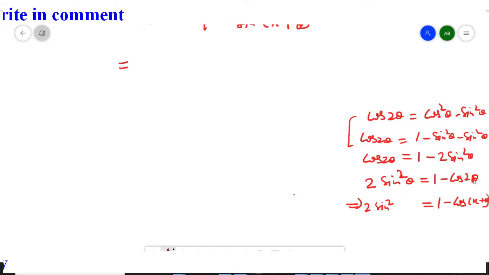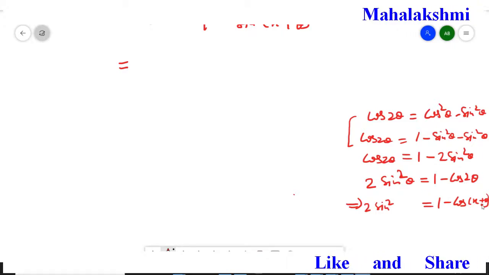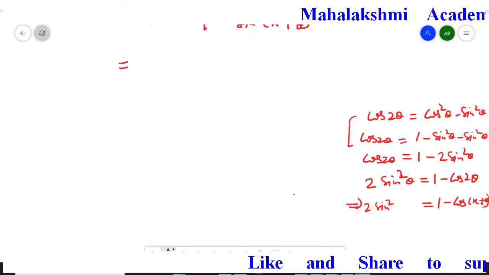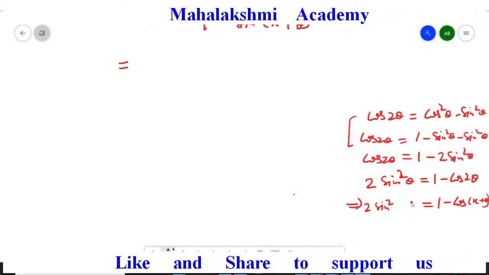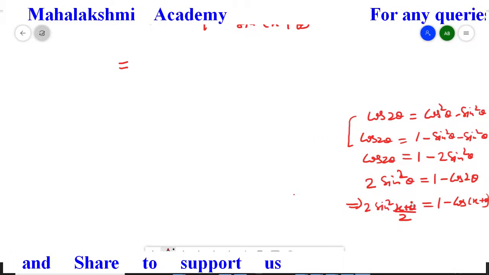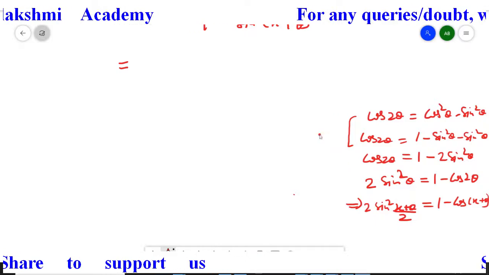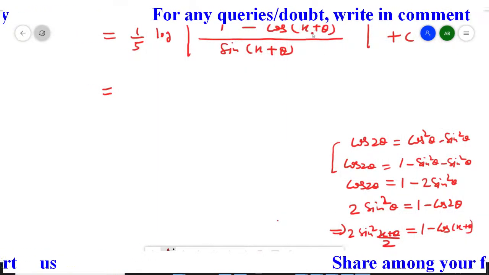So when we have the angle 2 theta, we got theta only. So 2 theta's half is theta. So if we want it for x plus theta, then we have to take x plus theta's half. So it's going to be x plus theta upon 2. Now why am I doing this? Because I want to replace the value of 1 minus cos x plus theta.